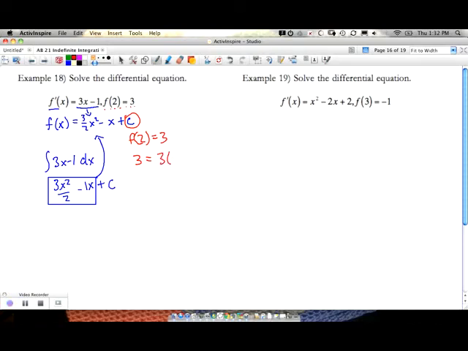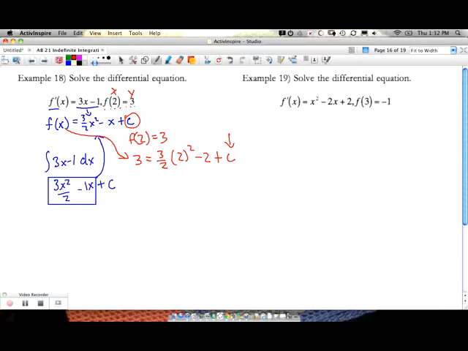So let's plug that in. 3 is going to be what I get if I have 3 halves, I'm going to plug in here using this equation, 3 halves times 2 squared minus 2 plus c. Now I can solve for the c because I plugged in my x and my y values.